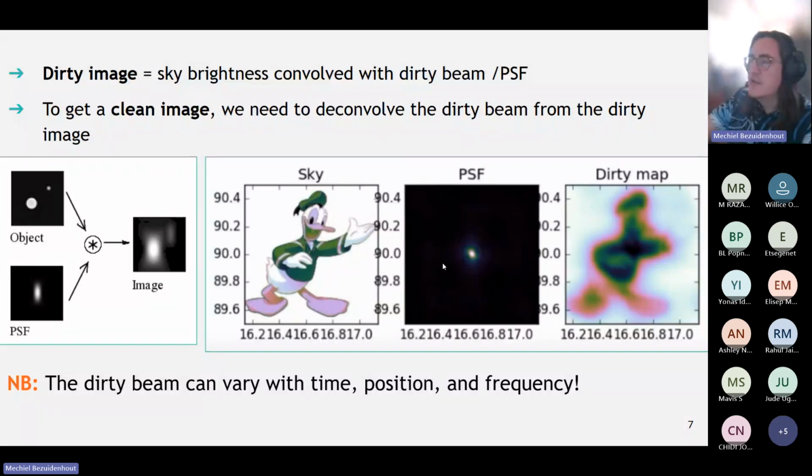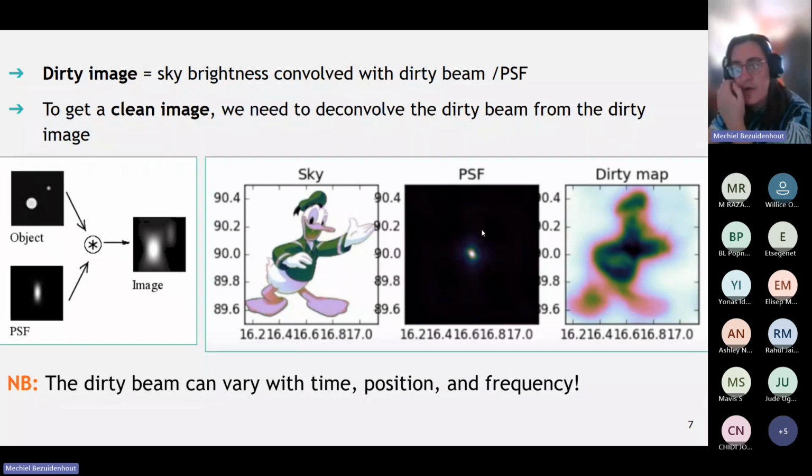But because the PSF is spread out, it adds a blurriness to the image that we get out. So in order to get a clean image, we have to remove the effect of this PSF. We have to deconvolve the dirty beam from the dirty image.